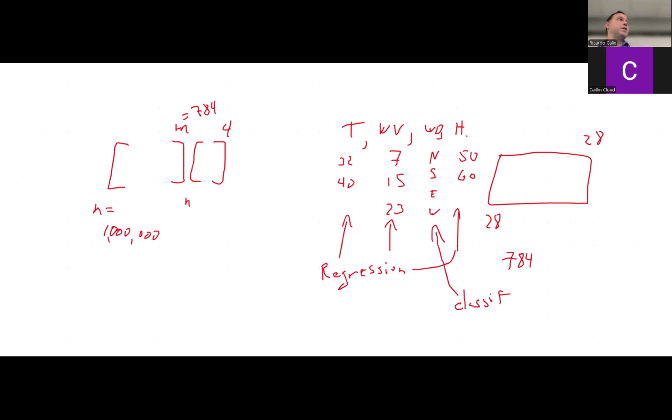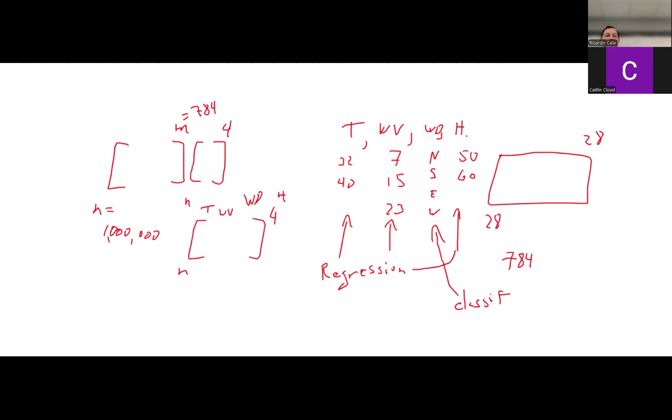Now, could you, in theory, create one single model that predicts these four values? Yes, you could. I don't know that it'll work, but you could. I'm trying to show you that your X is always n by m, but your Y doesn't always have to be n by 1. It could be n by 4 in this case, with columns for temperature, wind velocity, wind distance, and humidity.